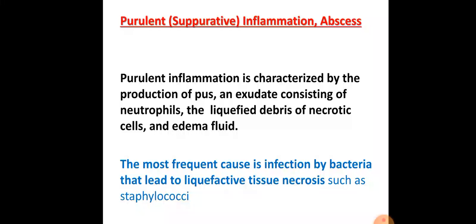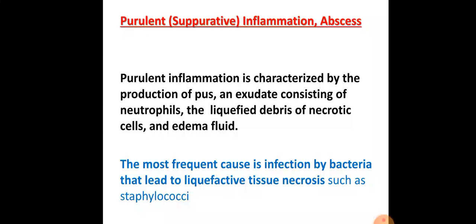So we have a large amount of pus and exudate. When we call it pus, it means dead neutrophils with debris and necrotic tissue with the fluid. So in purulent or suppurative inflammation, we have a large amount of neutrophils.